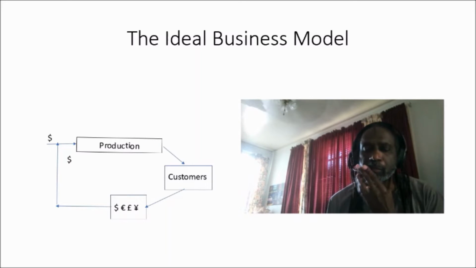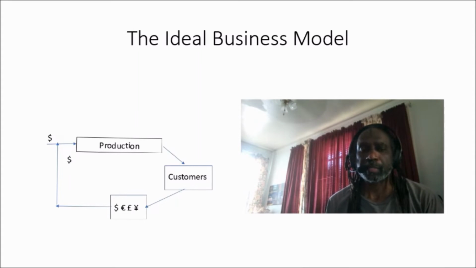And this model shows that you have money going inside of my company and generating or causing production, and the products that come out go to the customers, and then the customers contribute money to the company, and this money goes back into the production.